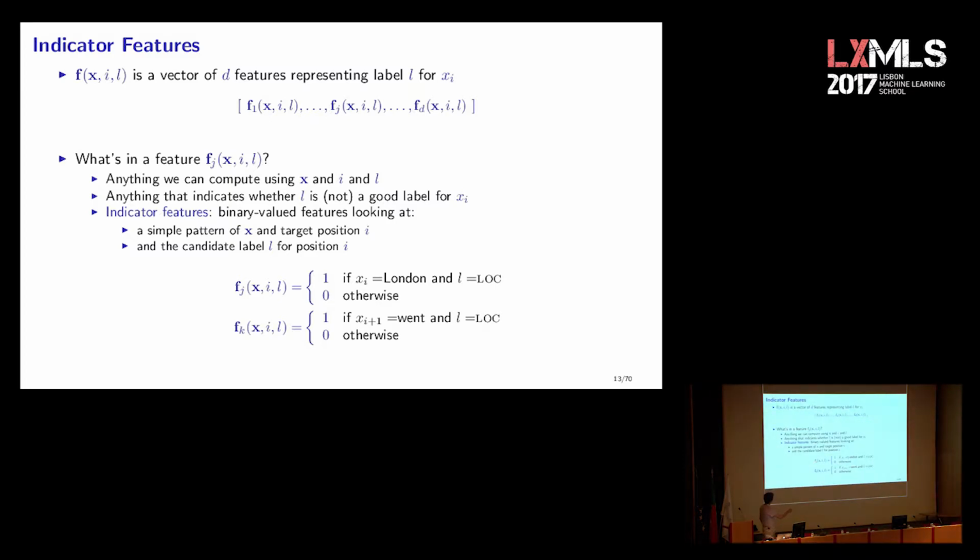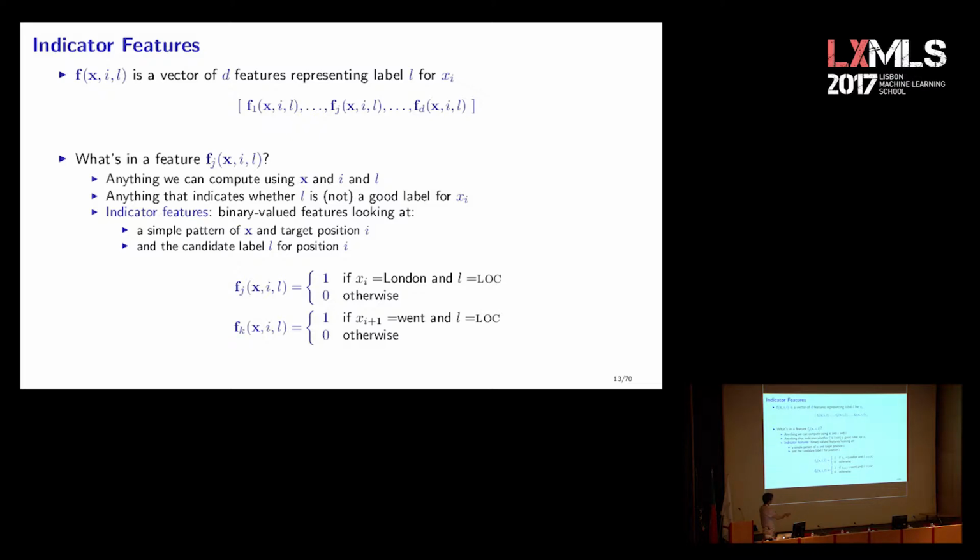A feature might look at whether the current word is London and the label we are attempting to assign is location. It's just looking at an assignment, and it says 1 if the pattern associated with it applies, and otherwise it says 0. That's one feature.